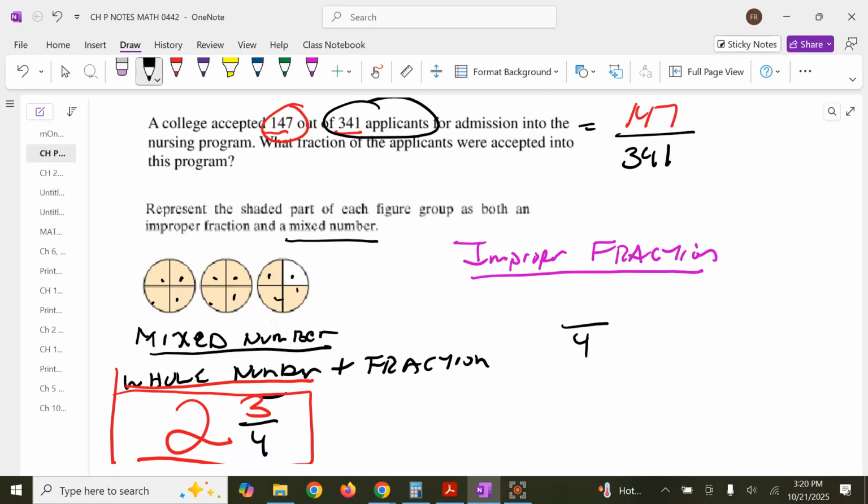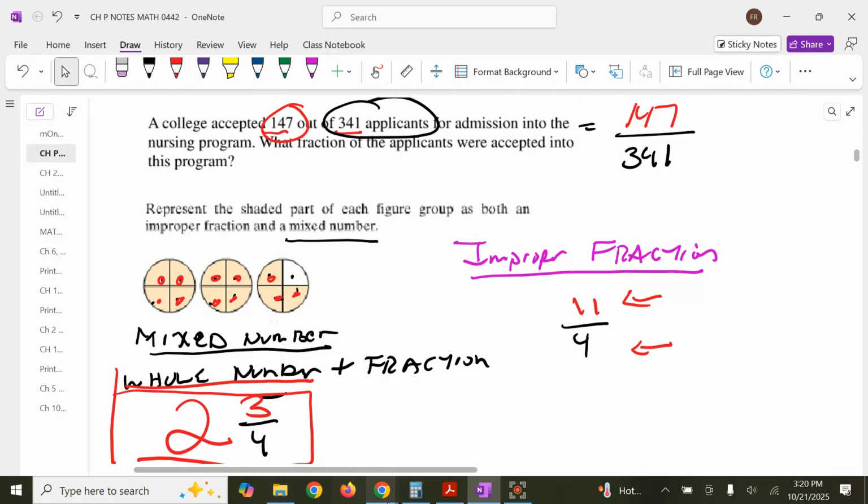And then what we're going to do, my friends, we're going to count the number of pieces that are shaded. 1, 2, 3, 4, 5, 6, 7, 8, 9, 10, and 11. So 11 out of the 4 are shaded. In an improper fraction, my top number is going to be bigger than my bottom number.